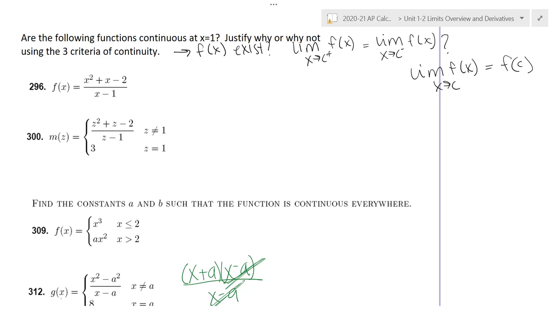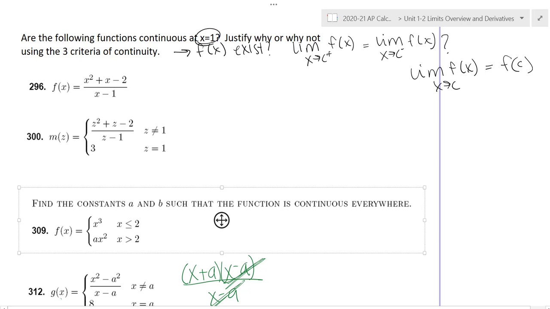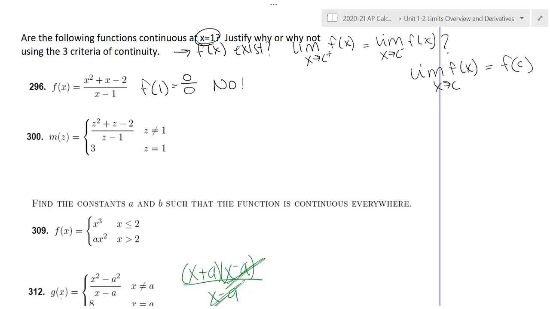On this very first one right here, this is actually asking continuous at 1. So if I were to plug in a 1, I would get f of 1 equals 0 over 0. So I'm going to say no. And the reason why is because there's going to be some sort of discontinuity here.